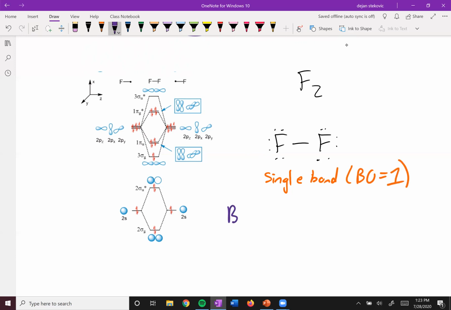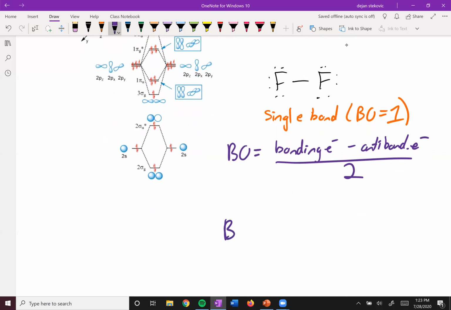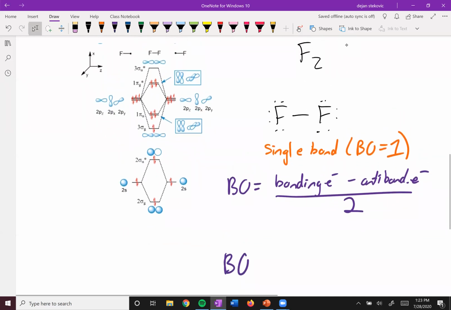And so the bond order is also equal to the electrons in bonding orbitals minus the anti-bonding electrons divided by 2.